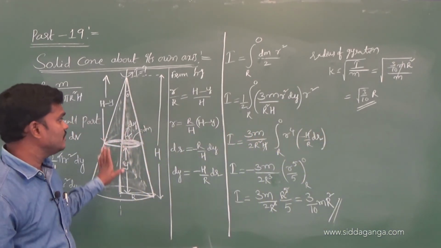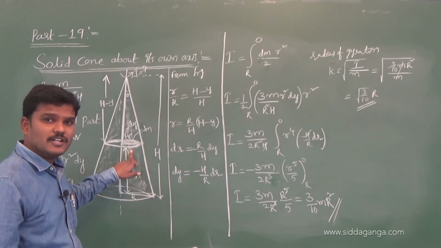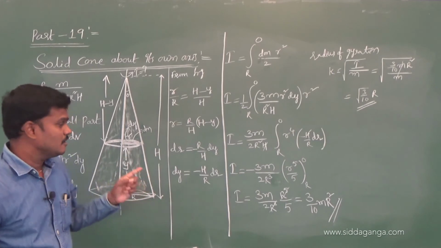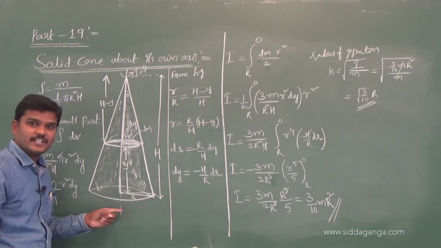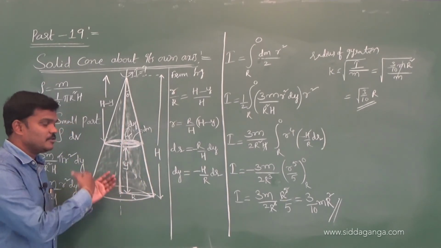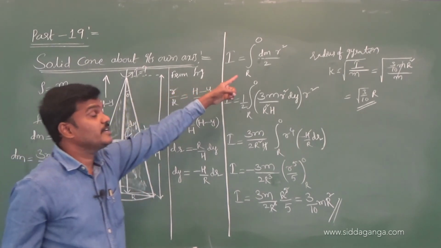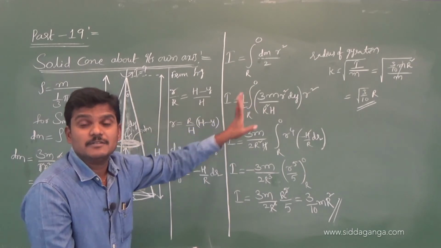See, for a solid cone, I have taken a small element at a height of y, then I got two different variables, one is a small r, the other one is y. Then I converted r into y, otherwise y into r, and I applied the integration. Here I am taking m r square by 2. Why is it m r square by 2?